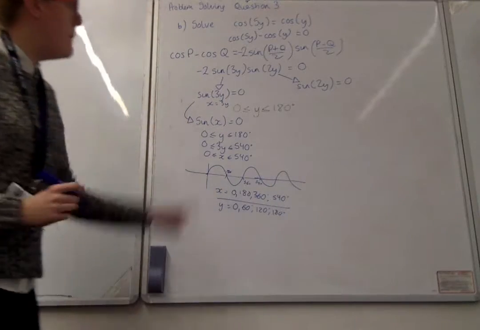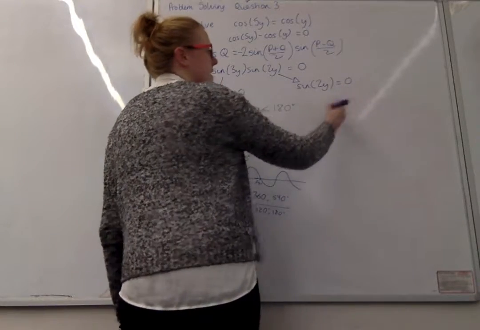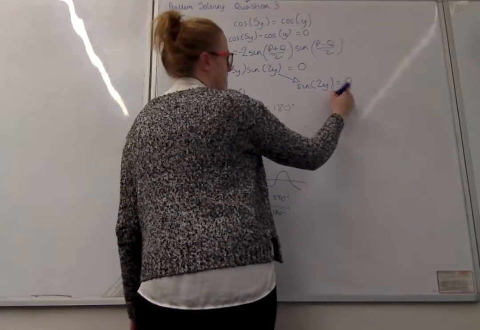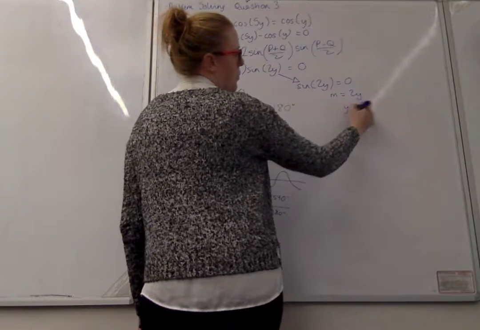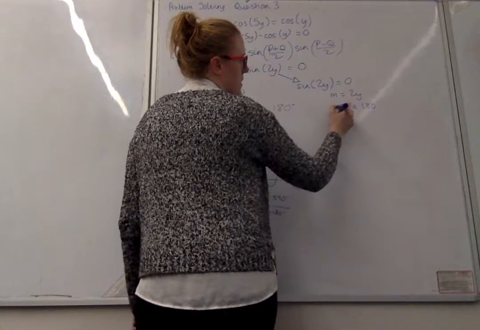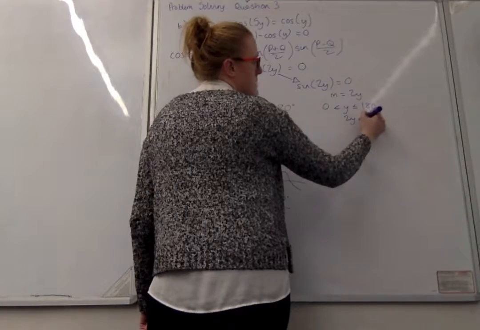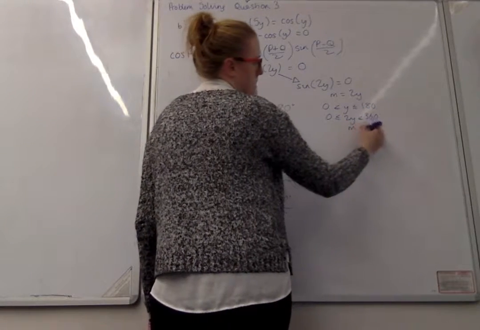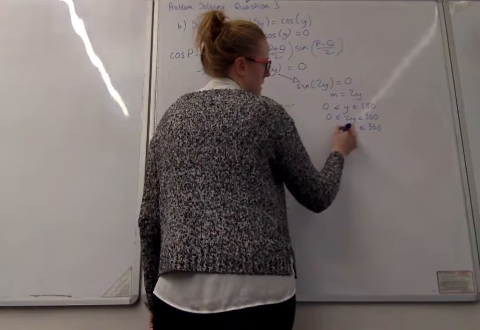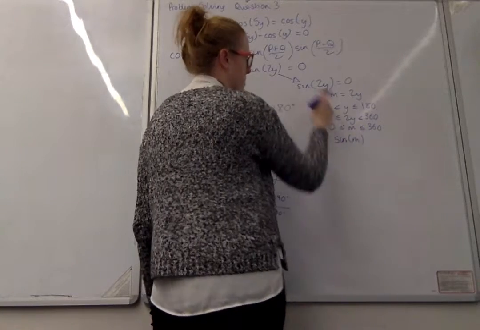Now I'm going to apply a similar process for sine of 2y, except now I'm going to use a different letter. I will use m, and so m is now 2y. So again, if y has to be between 0 and 180, then 2y must be between 0 and 360, and thus m must be in there as well. So if I'm now doing sine m, because m is just 2y, equals 0.